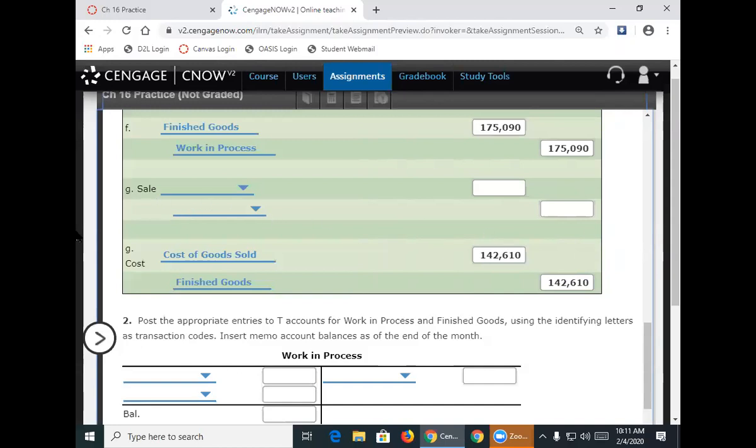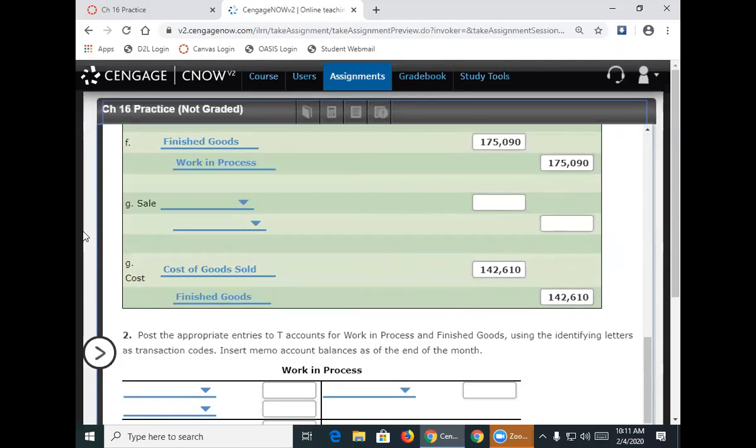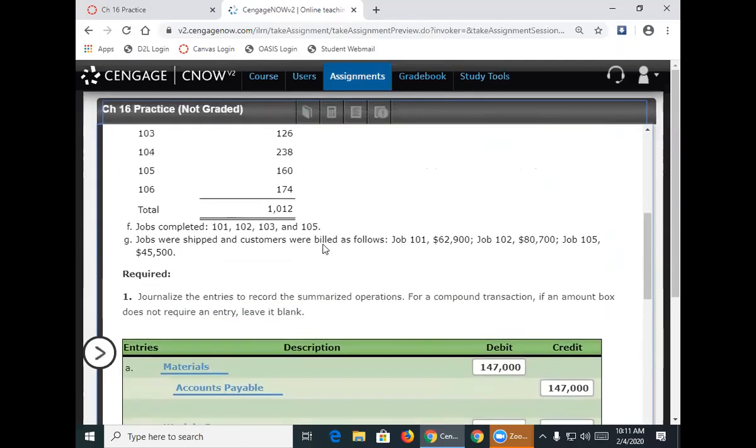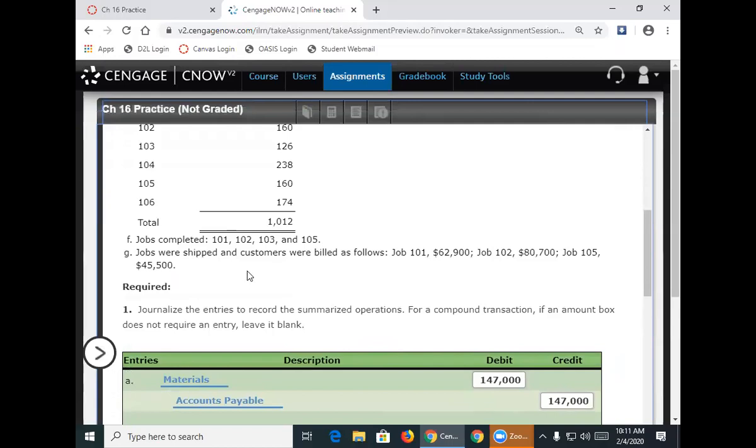And then the only other thing that we need to do in the journal entries is recognize the sale. I would just scroll up here to part G. They told us jobs were shipped and customers were billed as follows. Job 101, 62,900, plus 102 of 80,700, plus 105 at 45,500. So that was the price we charged the customer.